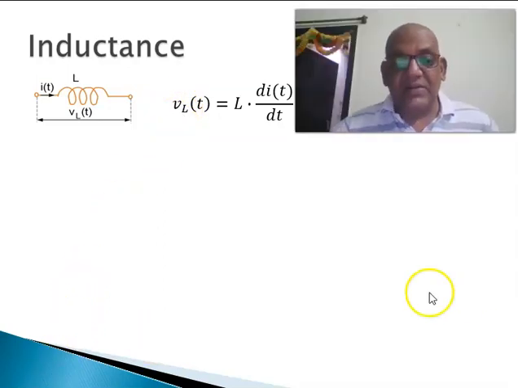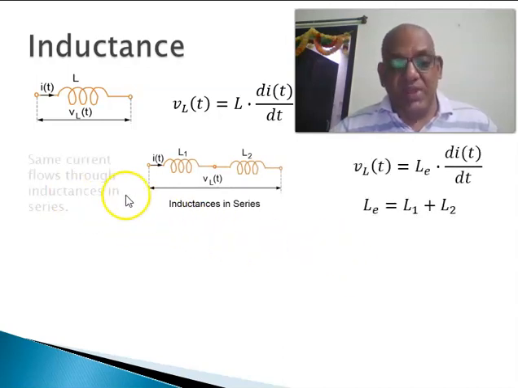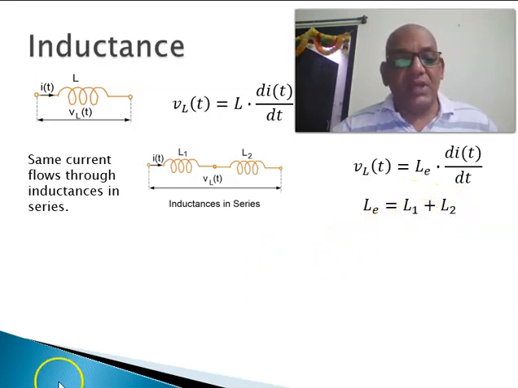When inductances are connected in series, the same current flows through them, and the effective, or equivalent, inductance of these two put together, L1 and L2, is the sum of these individual inductances. In place of this L, we use LE, where LE is the equivalent inductance, that is the sum of the inductances.